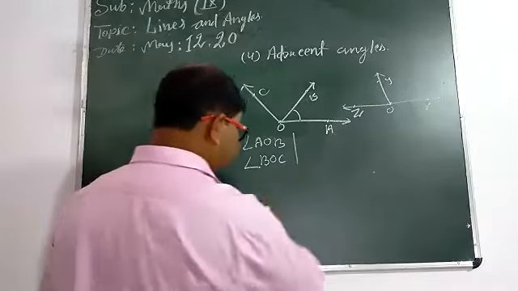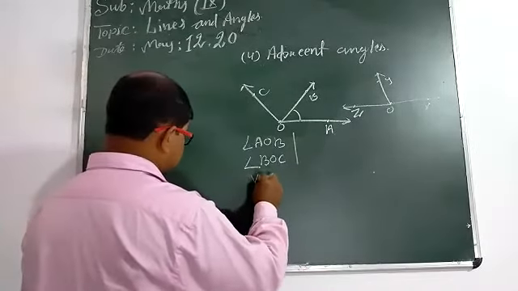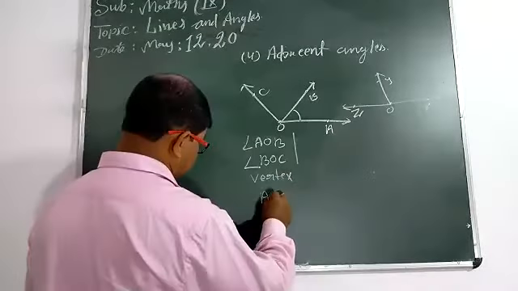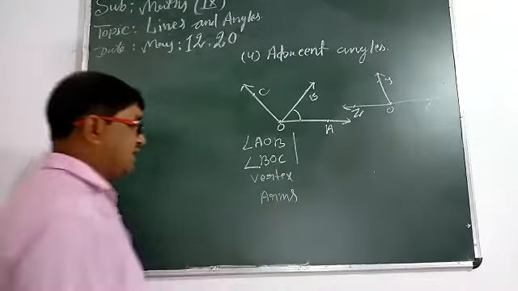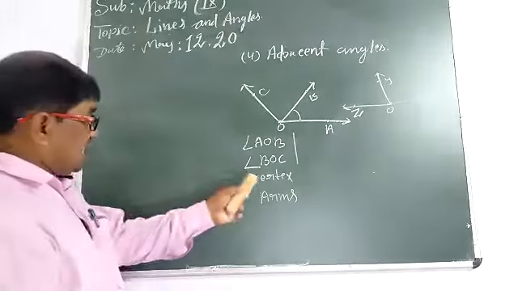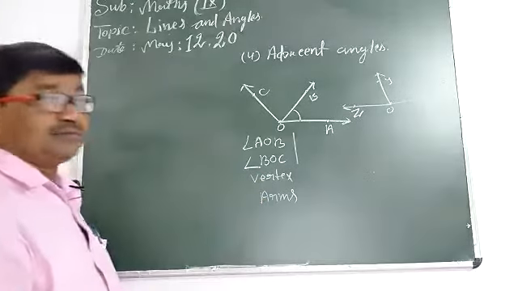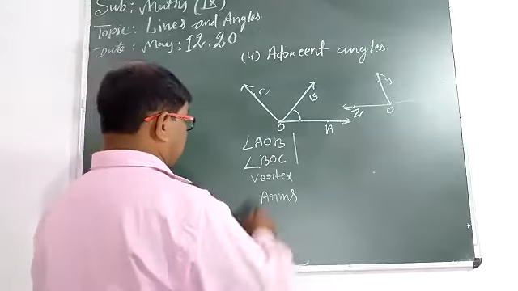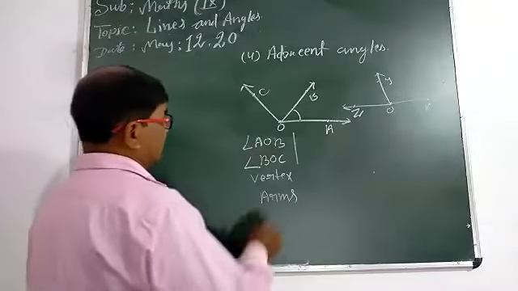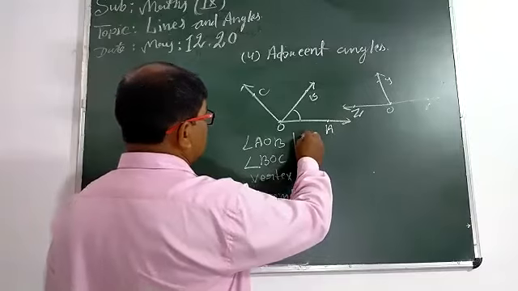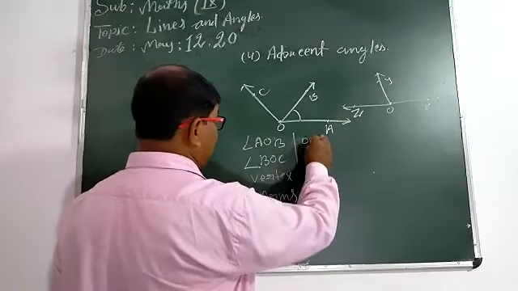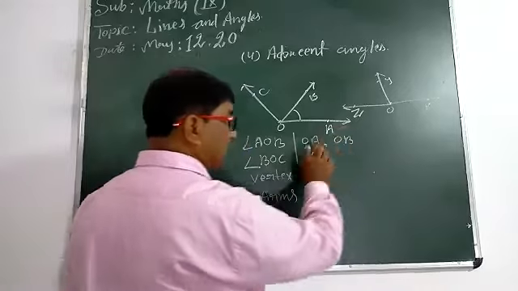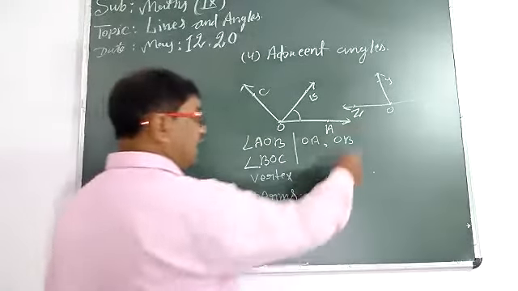In the parts of an angle, we should think about vertex and arms. Suppose you are thinking about this angle AOB, there are two arms, OA and OB.